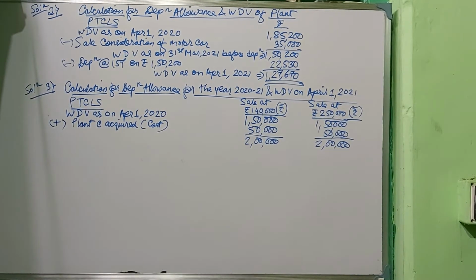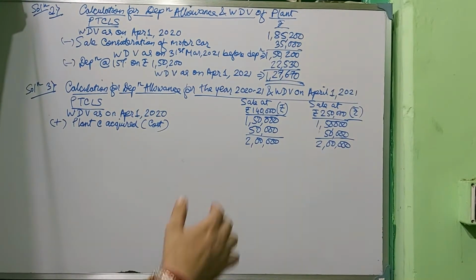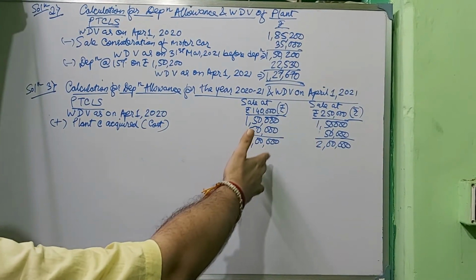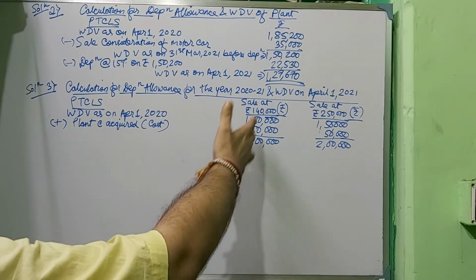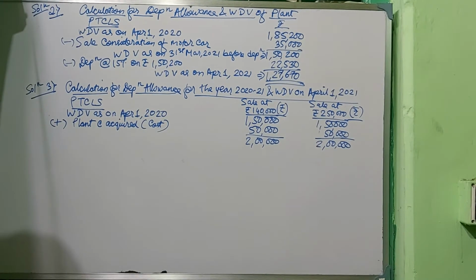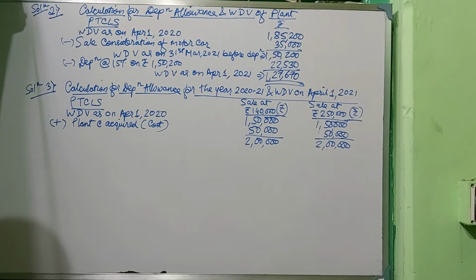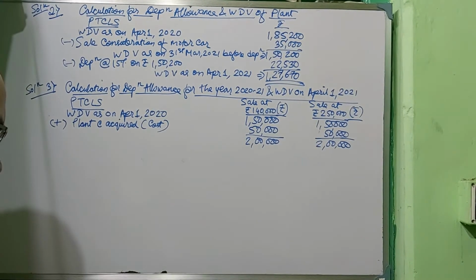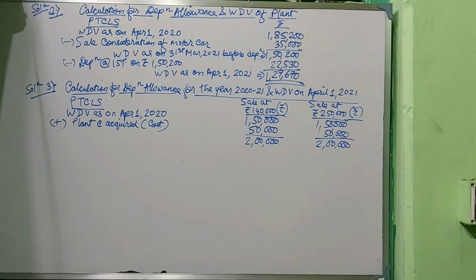So in that case, you can sell up to rupees 2 lakh. In that case, there will be no WDV, but in the first case there will be WDV before depreciation, which will obviously be 60,000 rupees, and then you can charge the depreciation for the whole year at the rate of 15%, which has been provided, on 60,000 rupees. It will come to 9,000, but here it will not be having any impact.